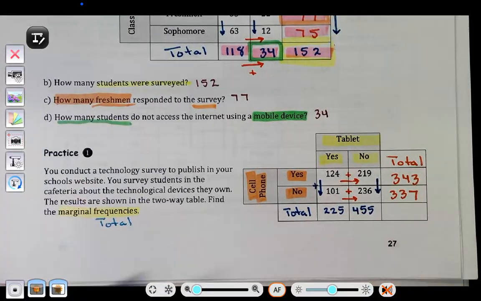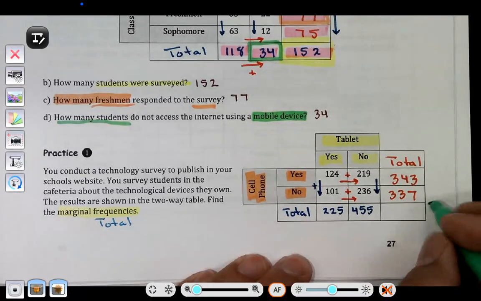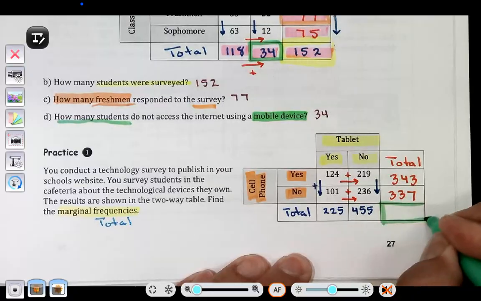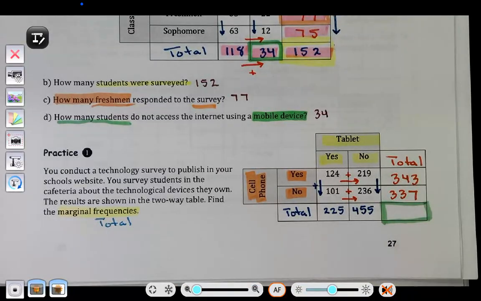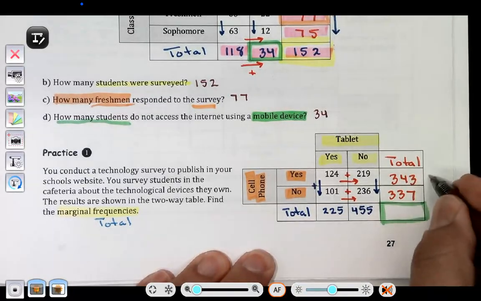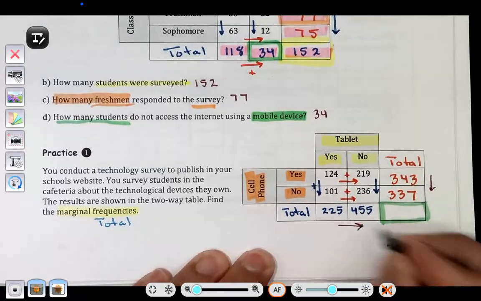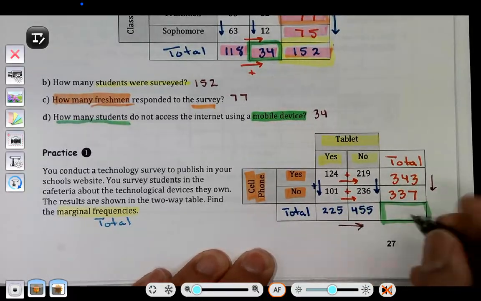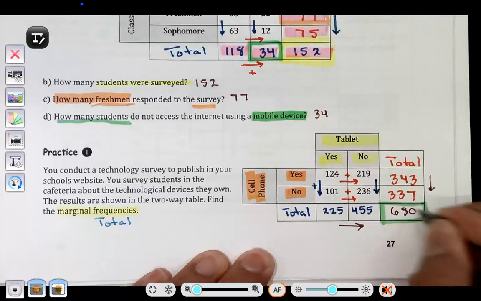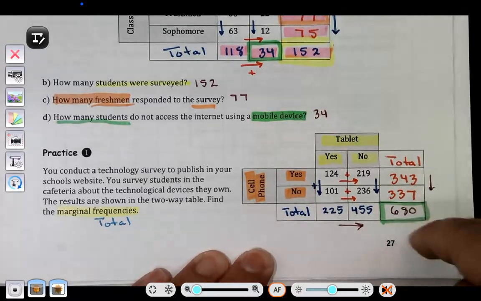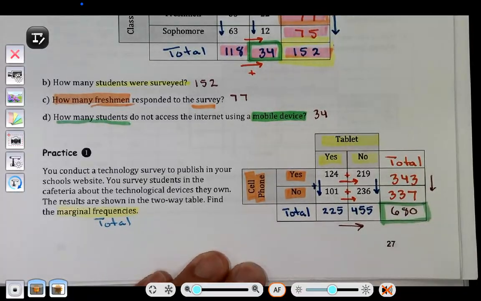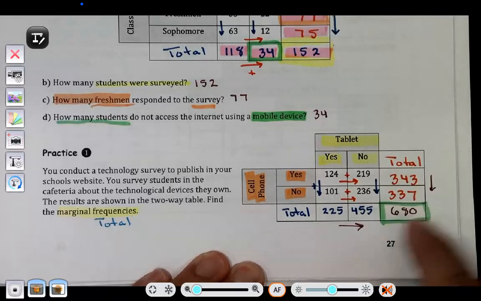So now the question is, how many kids did they ask? Because that's what this number is going to be. 680. Did you get that by adding this way or by adding this one? Would it matter? No, remember, this is the grand total. This is how many kids they asked about this. You should get the same number from both.